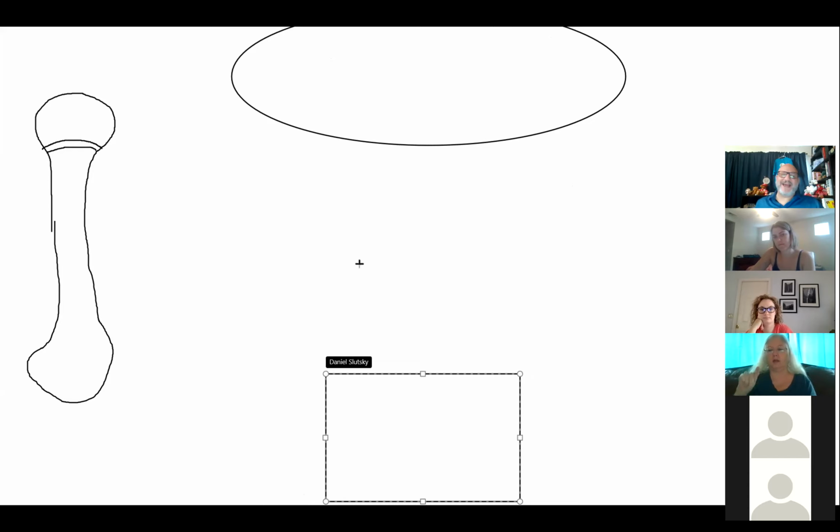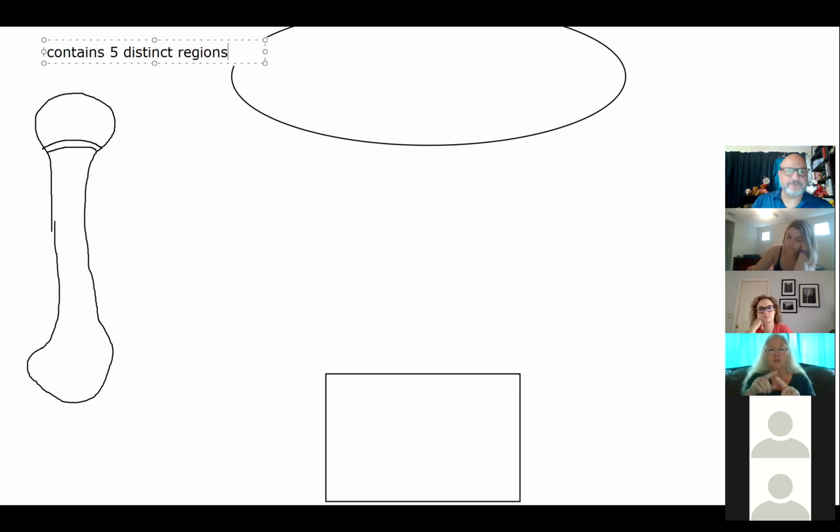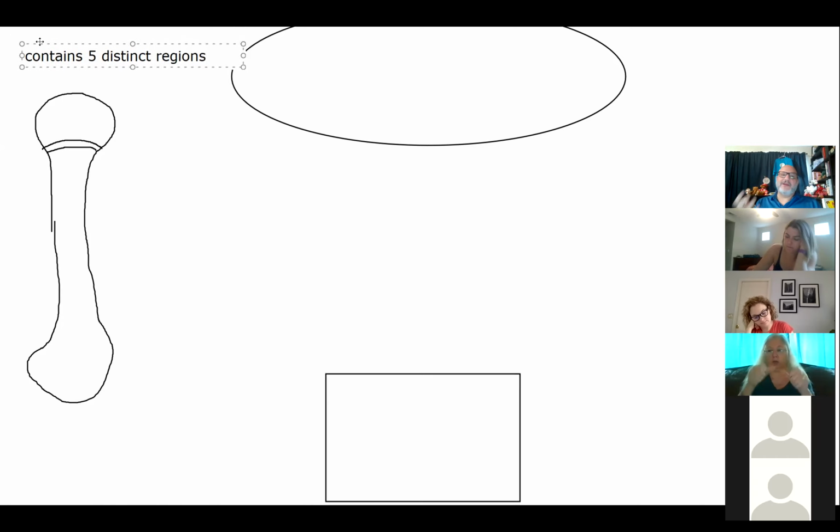Obviously I'm exaggerating this tremendously, and it's not quite to scale, but if we were to look at this in the microscope, which we'll do when we look at the pictures from your book, you can see that this epiphyseal plate actually contains 5 distinct regions. And these 5 distinct regions, not surprisingly, play a role in the growth of the bone in length.